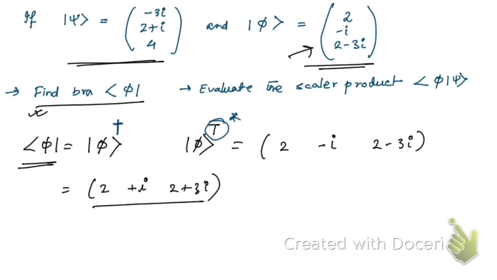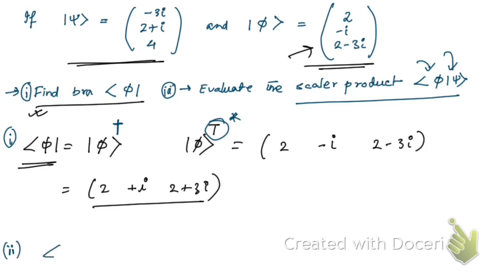So now you see, next one, evaluate the scalar product, this one. So how to find that? Here we have ket phi and bra psi. This first one we have done. Now let's find the second one, number 2: the scalar product of phi and psi.